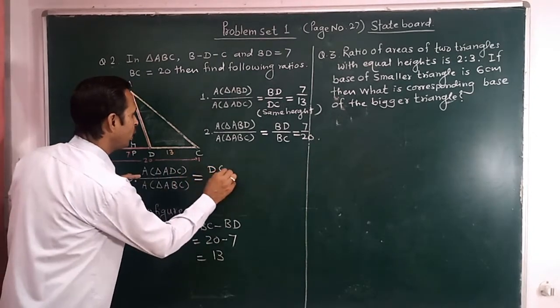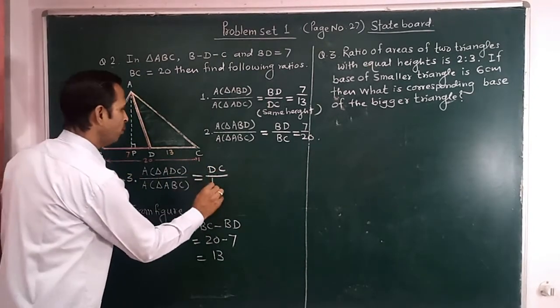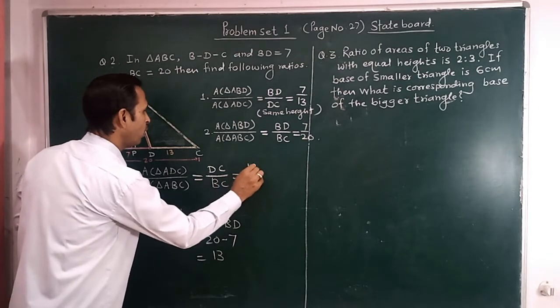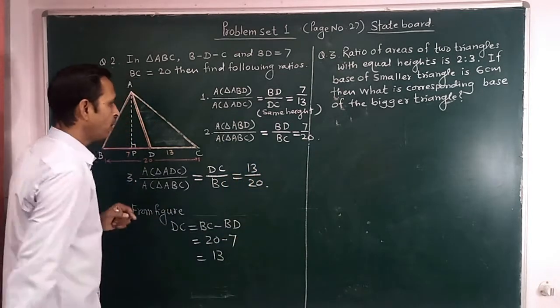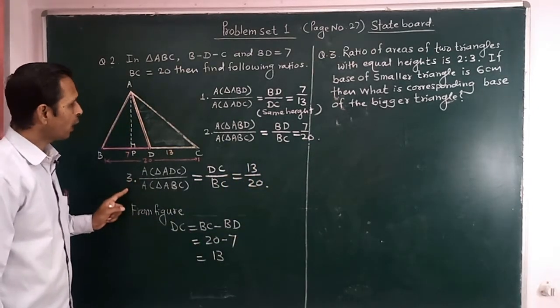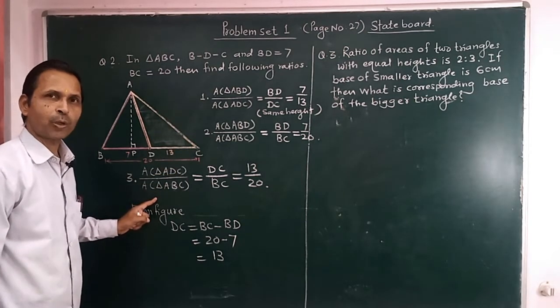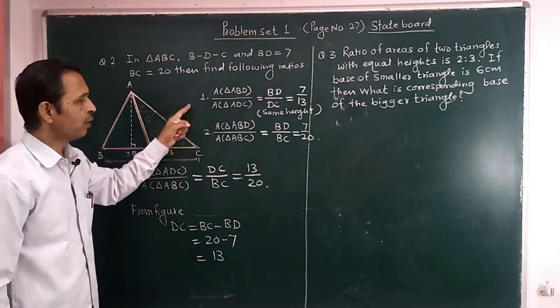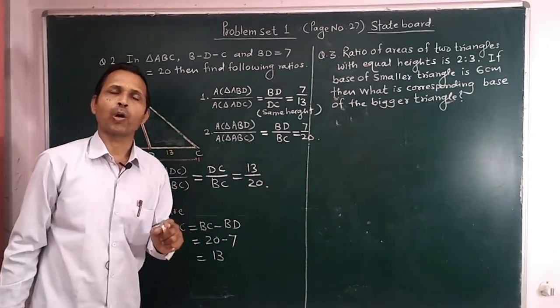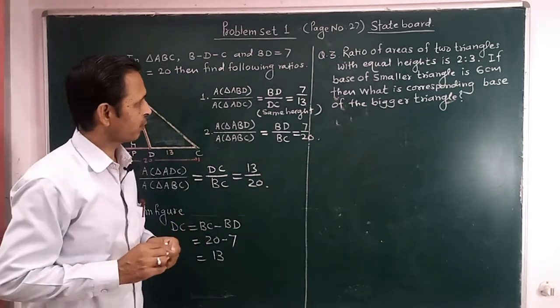Again we write DC upon BC, and hence 13/20. In this way we can easily find the ratios of the corresponding triangles which we are given, according to the properties of triangles.